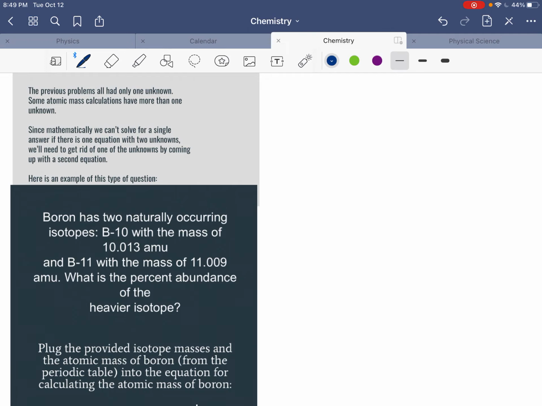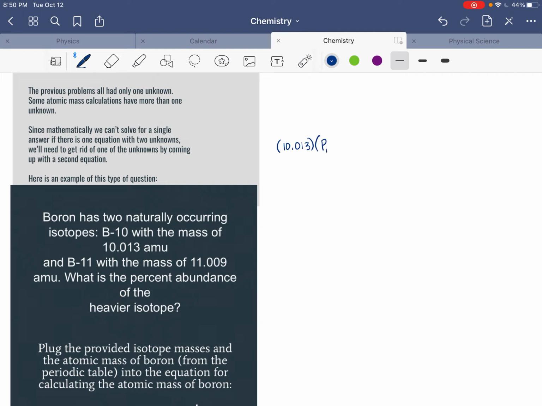So to start, I'm going to write out my equation that I've been using for the previous ones. I'm going to have the mass of my B10, so 10.013, times the percent of boron 10. Okay, but I don't know what that is, so I'm just going to put a P for percent.